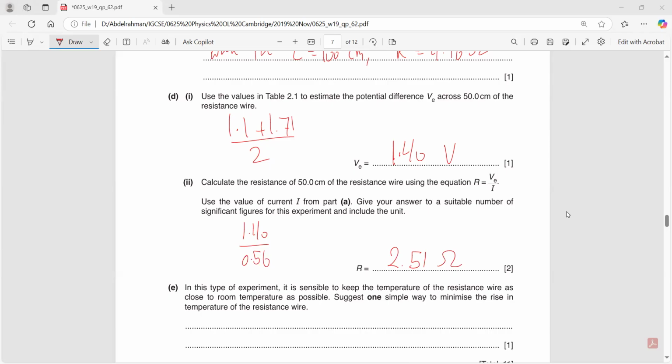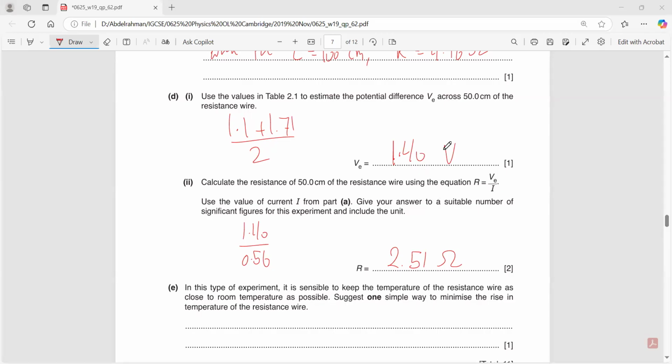Why did we divide by 2? Because we found the average, because 50 is right between 40 and 60. Basically, it's as if you said 40 plus 60 divided by 2, so this is 50. All you need to do is do the same with the voltage. Does the current change when the sliding contact changes?